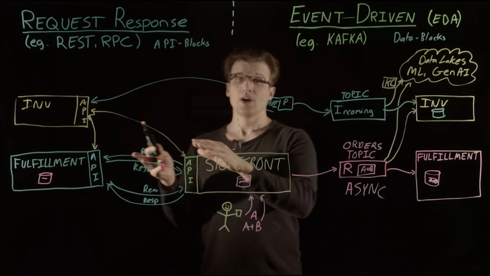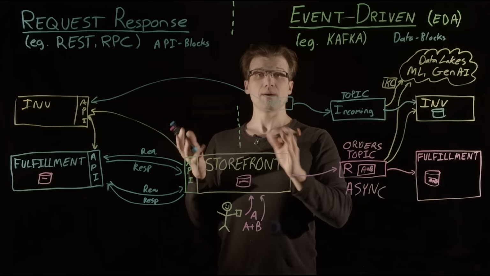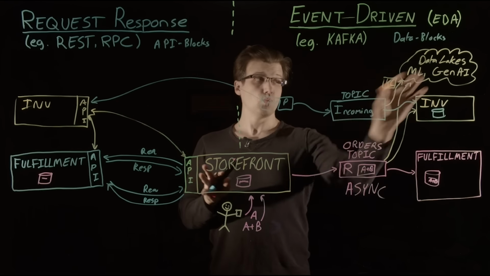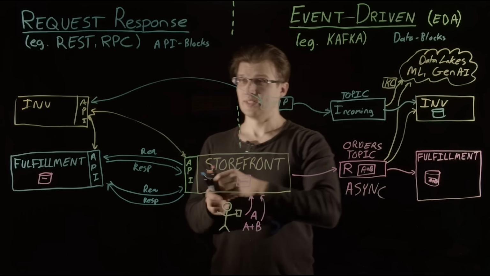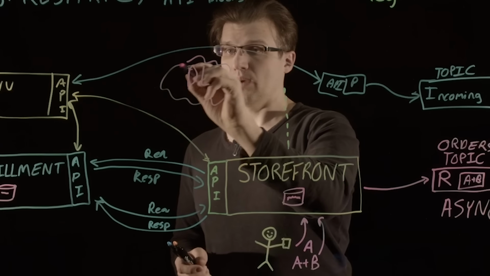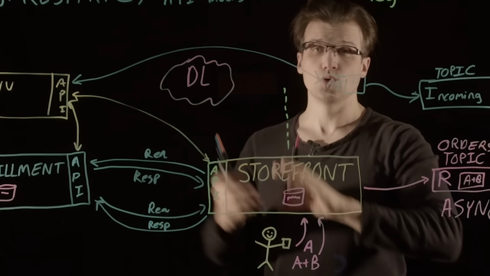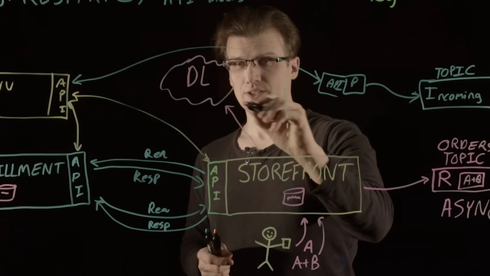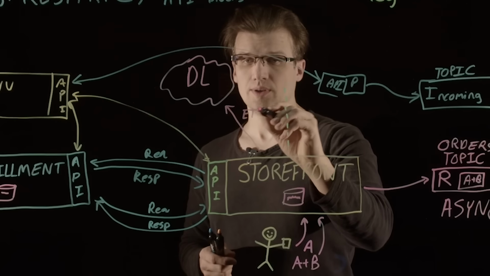In contrast, request-response architectures are primarily about serving real-time operational data. So if you want to populate your own data lakes over here, let's say, and you have a lot of these individual request-response services, you're going to have to set up ETL jobs, or extract, transform, and load.